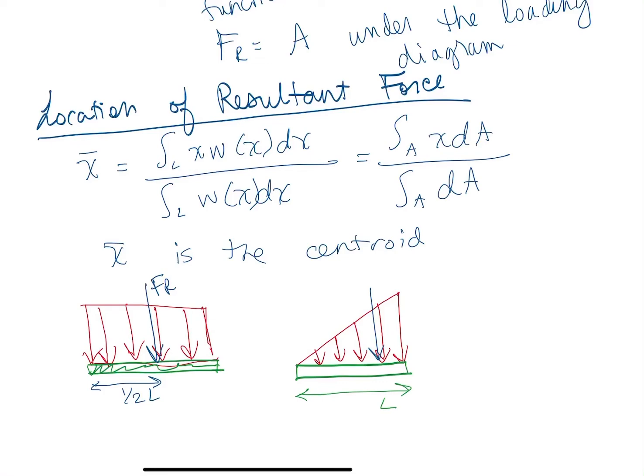So let's take this down. That distance would be 1/3 L, and this part would just be the 2/3 L. So it's 1/3 from that heavier part of the triangle.